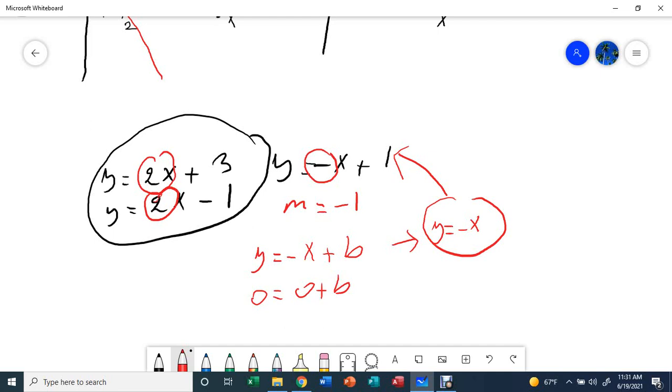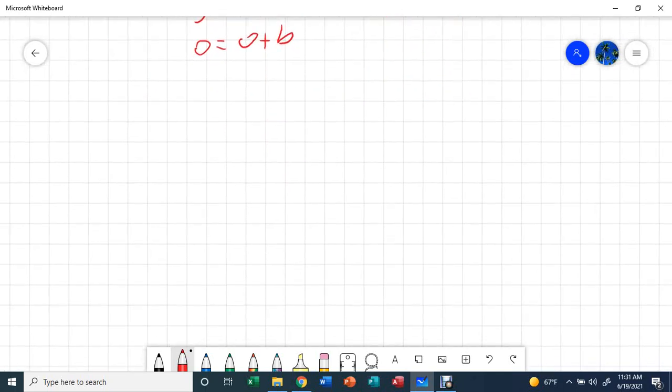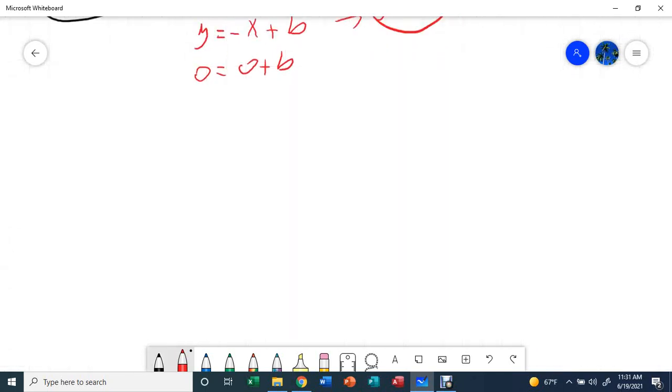Now let's move on to perpendicular lines. Two lines are perpendicular if their slopes are reciprocals of each other with the opposite sign.